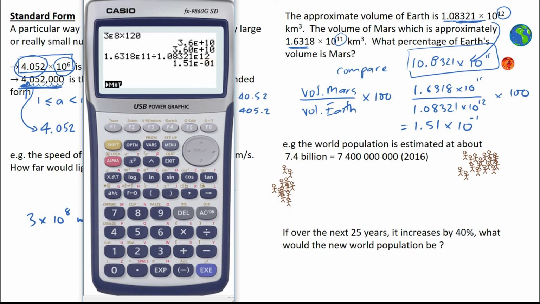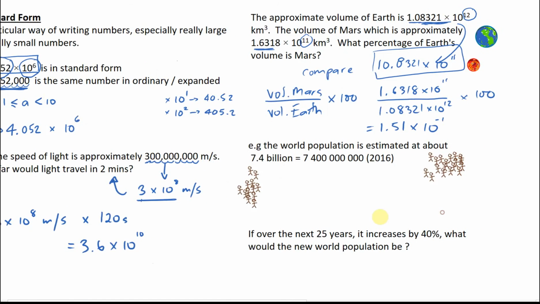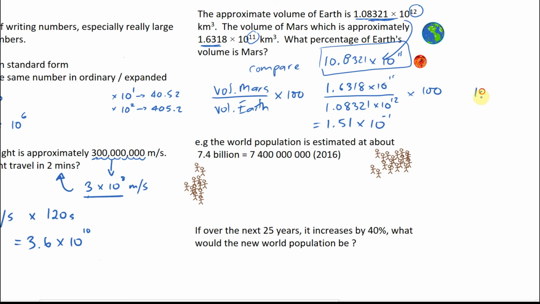And what that means is when you get a negative power, you end up dividing by 10. So 10 to the -1 is the same as 1/10, or 1 over 10 to the power of 1.